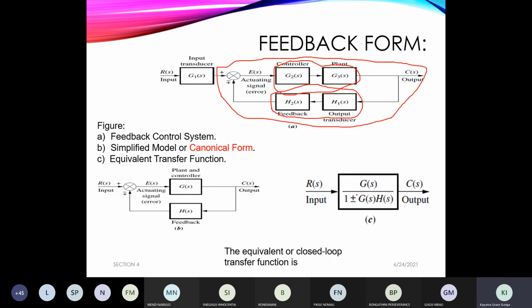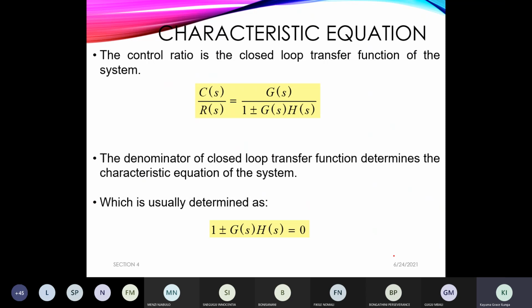So this is going to be 1 plus G of S H of S, and this is how we can represent the transfer function of this kind of system. So this is how you can solve when they give you a system with a feedback. This is the way you can find your transfer function. The transfer function is equal to this one. And they even give you the equivalent transfer function of this system.